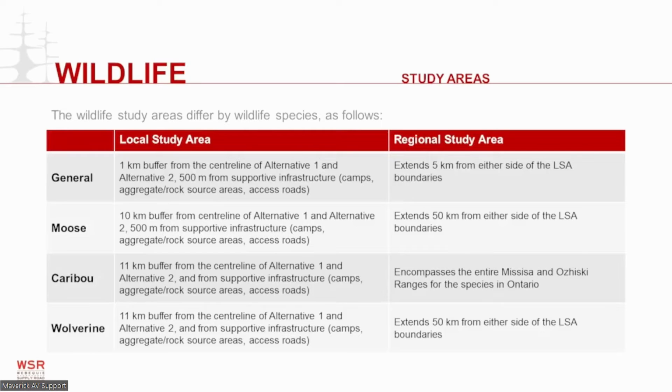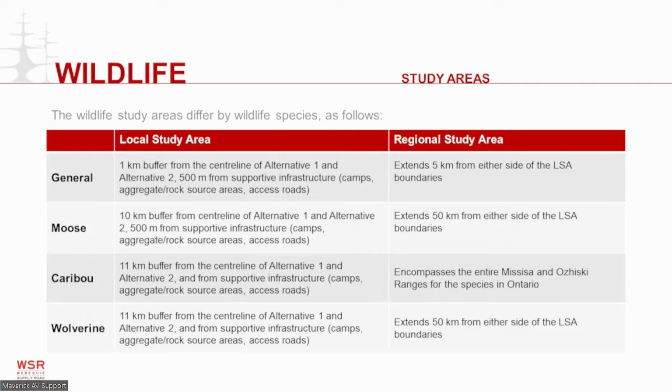And then the regional study area for caribou includes entire ranges of caribou, which are very, very large areas. Next, and finally for wildlife, let's look at wolverine. Wolverine has an 11-kilometer buffer from the center line of the alternatives and from the supportive infrastructure, and it extends 50 kilometers from either side of the local study area boundaries.